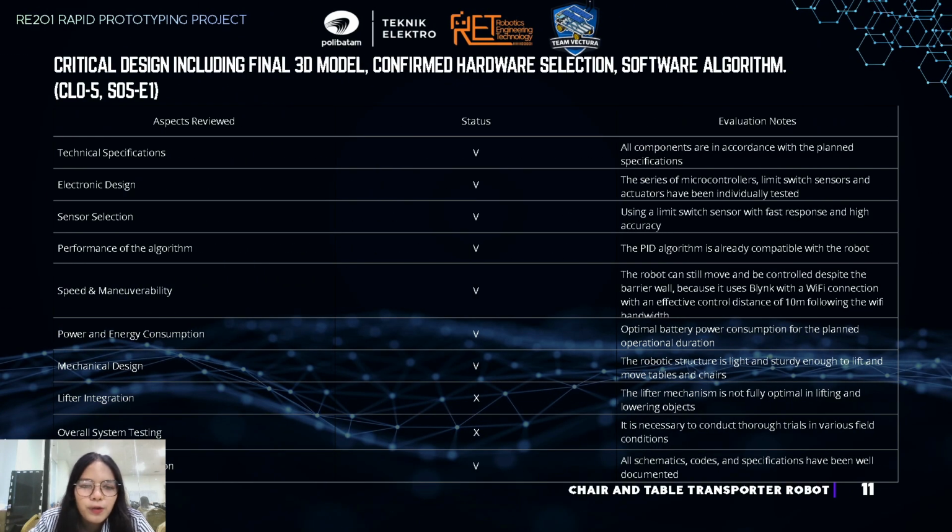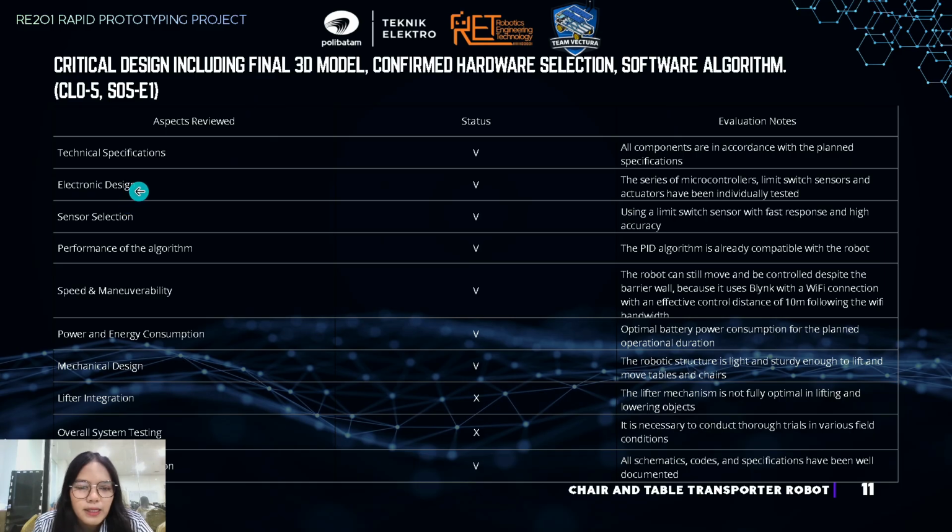These slides show the critical design review for our robot project. First, for technical specification, all components are already in accordance with our plan design.